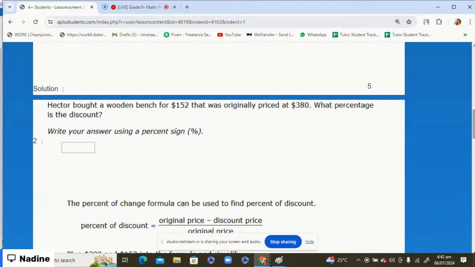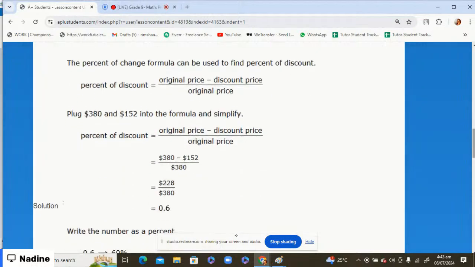As we know, with the original price, you subtract the discount price and then divide over the original amount, the original price. So what is the original price? They are saying the original price is 380, the discount price is 152, and the original price is again 380.